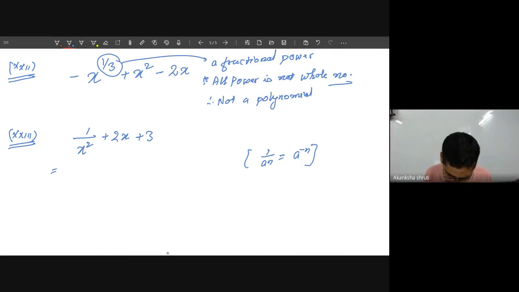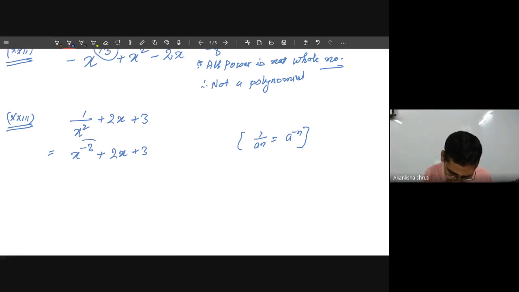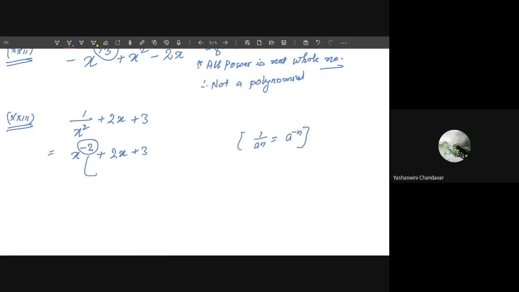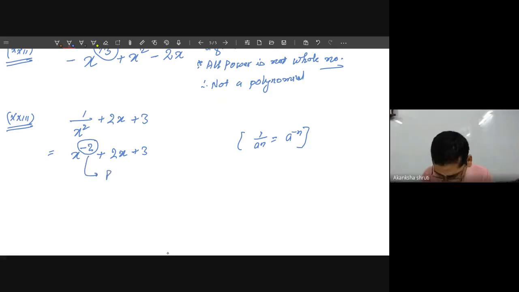So this can be written as x to the power minus 2 plus 2x plus 3. What are we getting? This power is negative. It is not a whole number, or not positive, or not belonging to the category of whole numbers. So what is the cause?